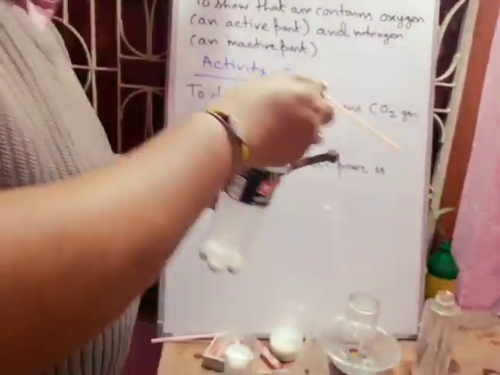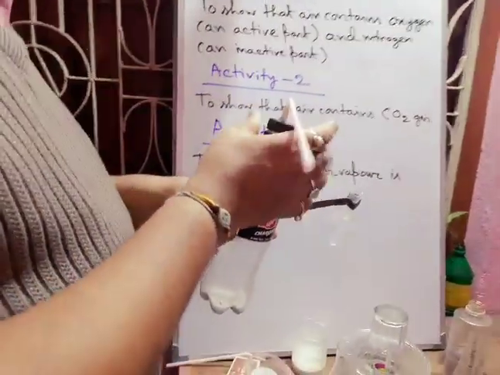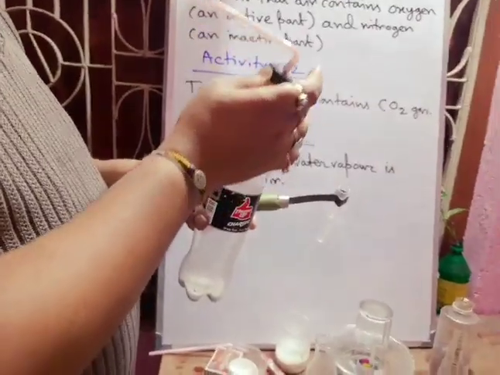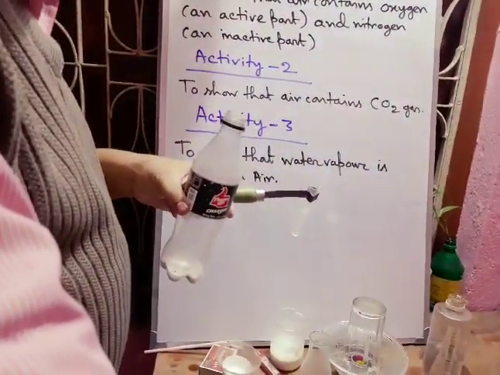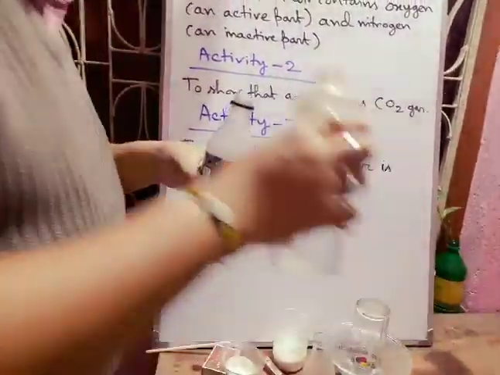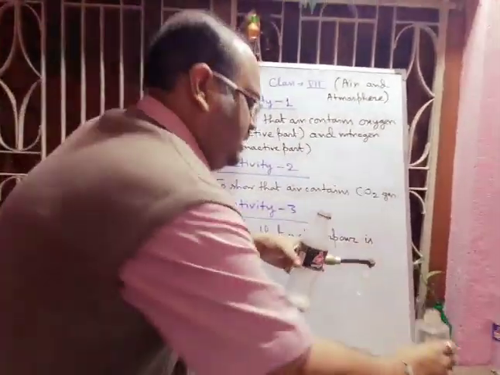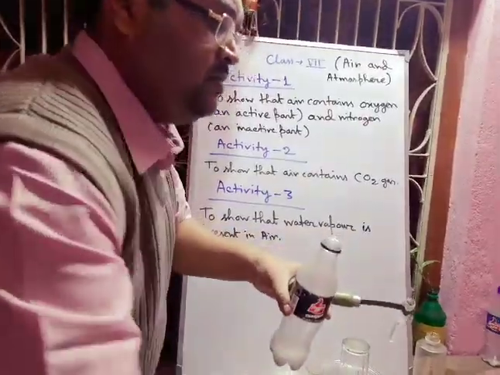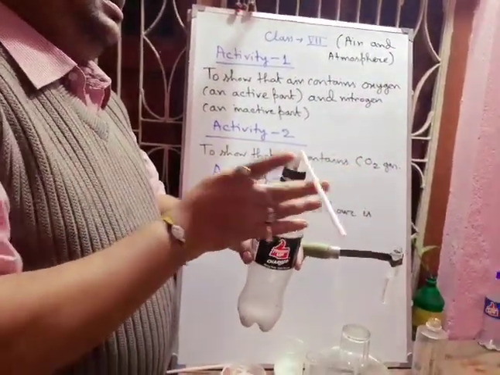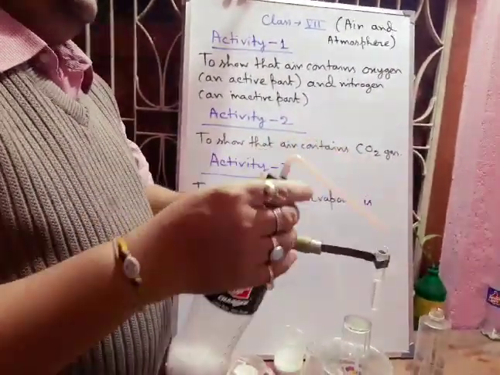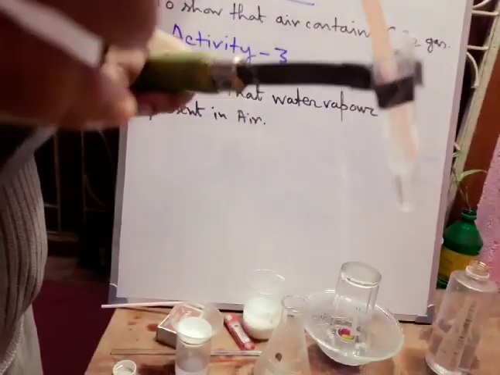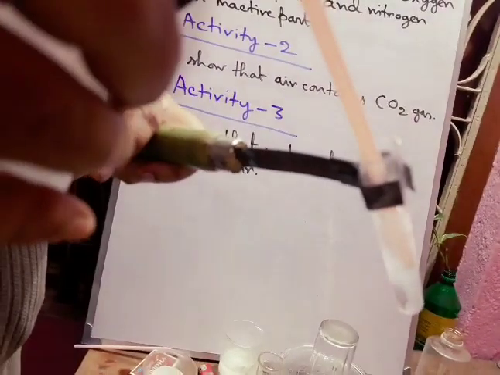Now I am adding some acid, vinegar, and it is producing carbon dioxide gas, and we will pass this gas through lime water. Here you see lime water turns milky.